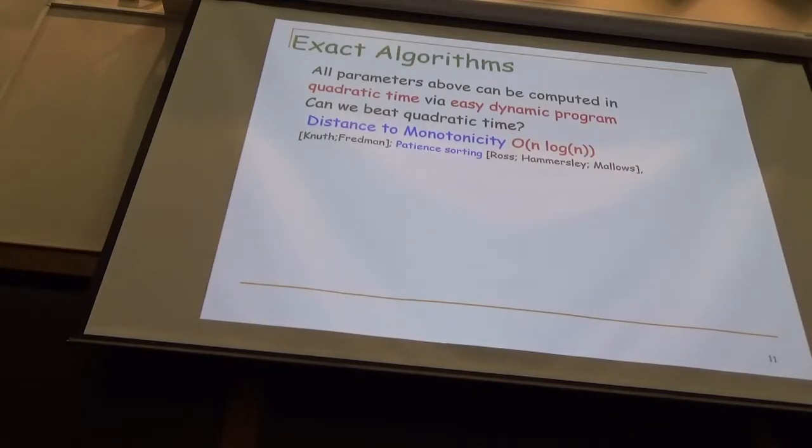What I should have said is, so what's the easy dynamic program for distance to monotonicity? Okay. So in that case, what you want to keep track of is your subproblem is two things.